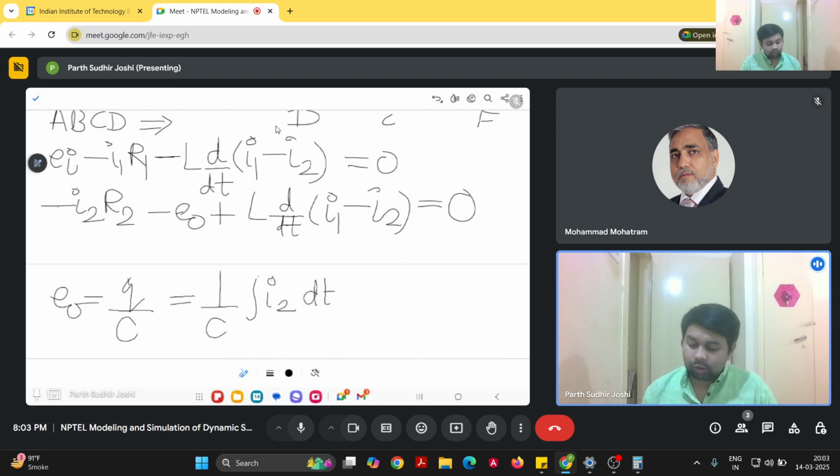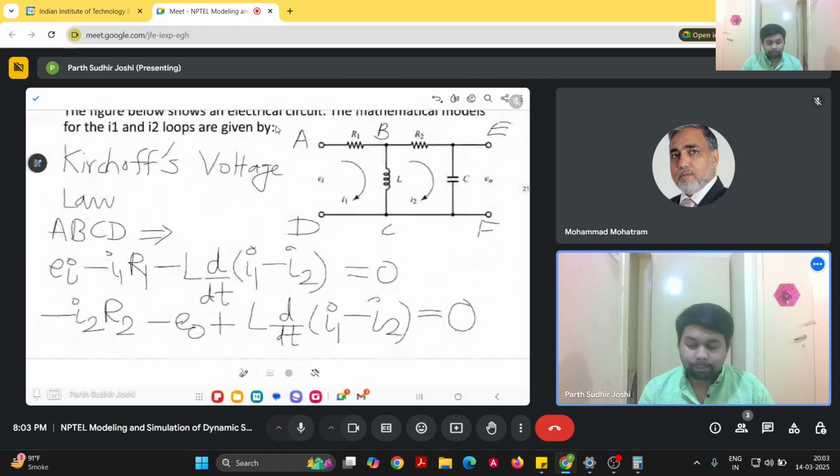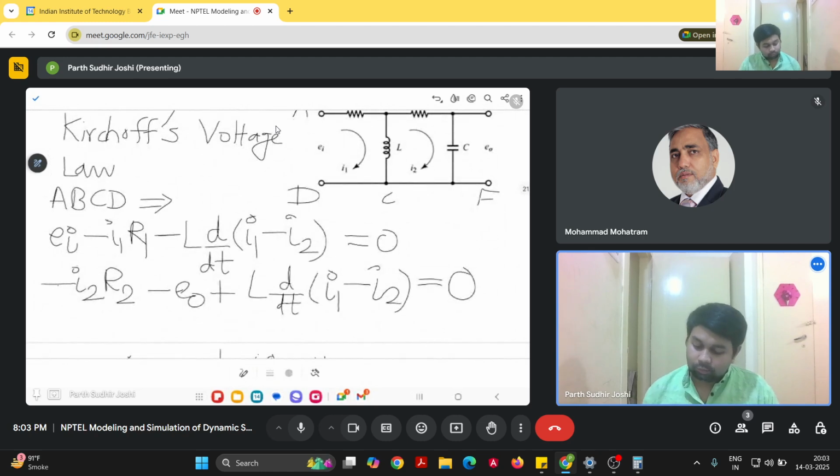So that is the voltage drop across the capacitor. So this is for this loop BFC.